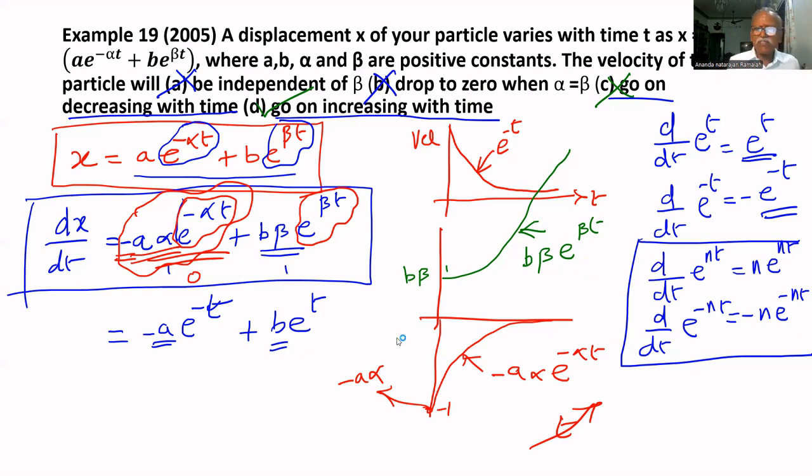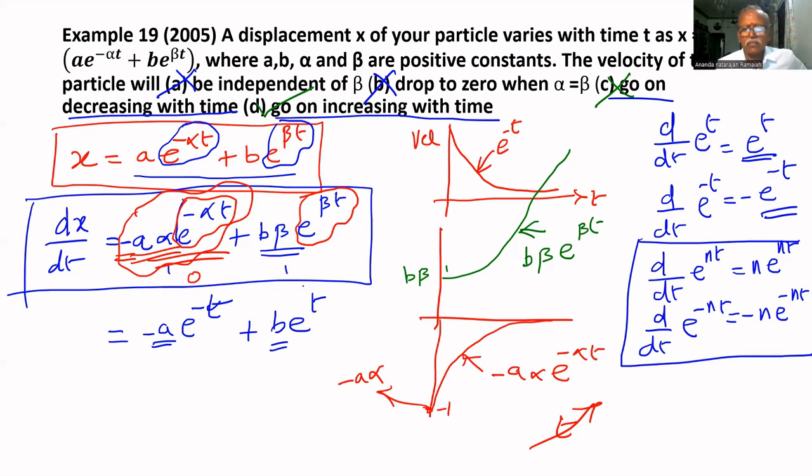What is the expression for velocity? Expression for velocity is minus a alpha e power minus alpha t plus b beta e power beta t. Up to this point, you understood. Dx by dt.